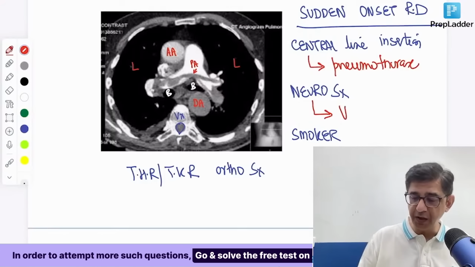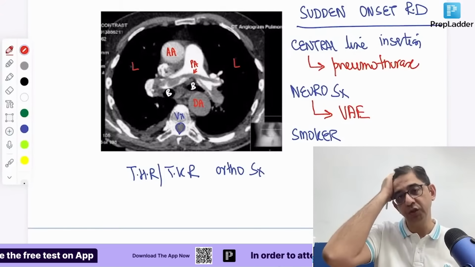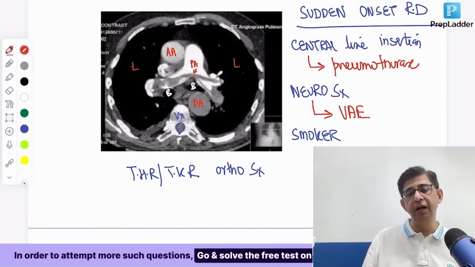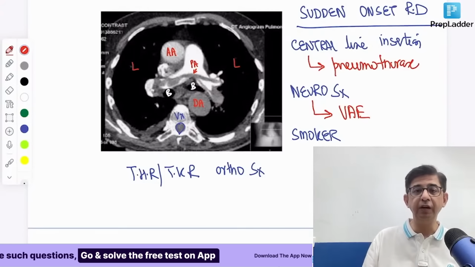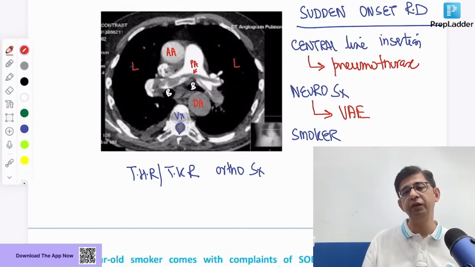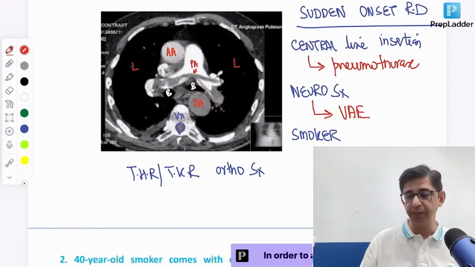Yes, your answer is venous air embolism. In neurosurgery, the dural venous sinuses got injured. Because of the injury to the dural venous sinuses, when the sinuses open, atmospheric air will be sucked inside. This atmospheric air that is sucked inside will then go towards the heart and will cause VAE, that is venous air embolism. He will use the short form in the MCQ.